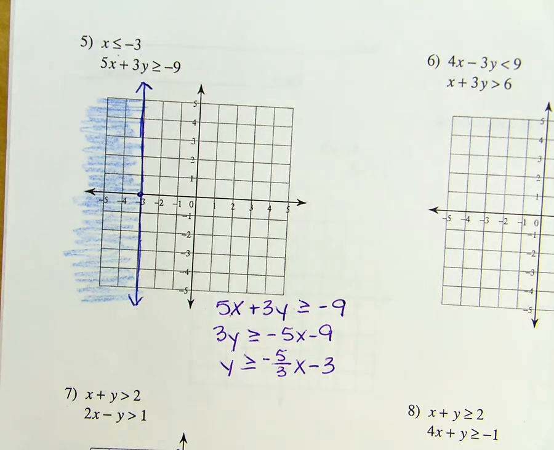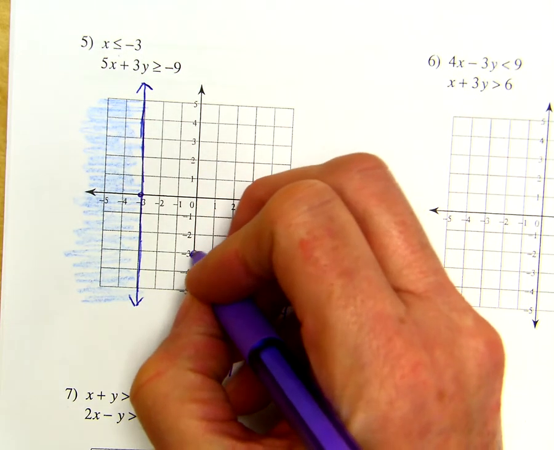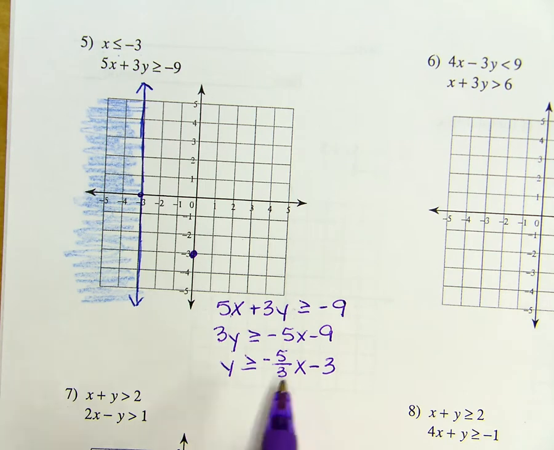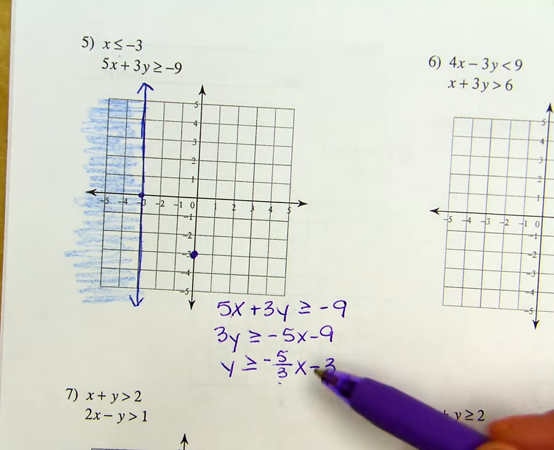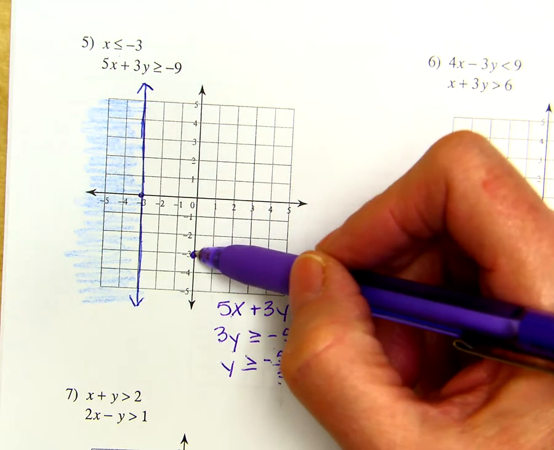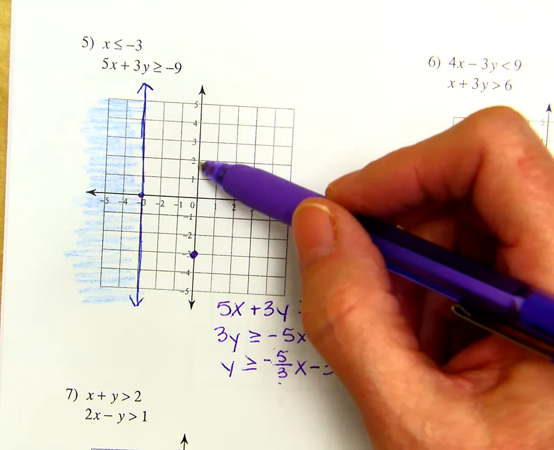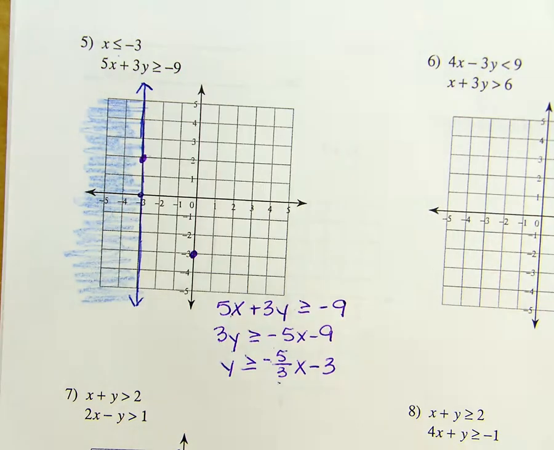of -3. So I will go to the y-axis. There's my -3. My slope says -5/3, so if I go up 5, I'm going to have to go left 3. 1, 2, 3, 4, 5. 1, 2, 3. So here's the other point.